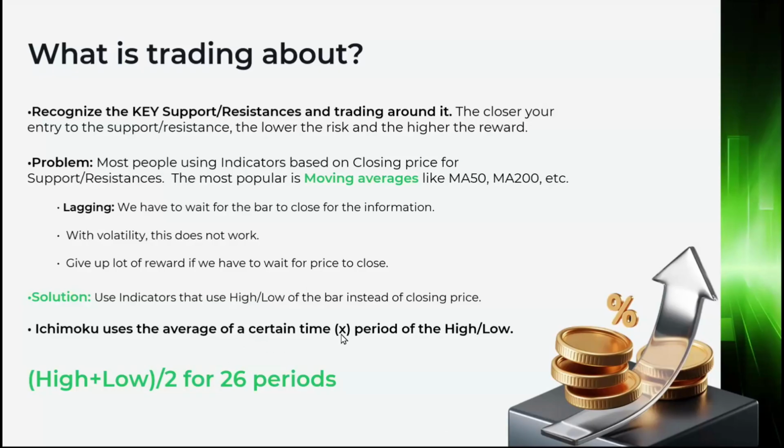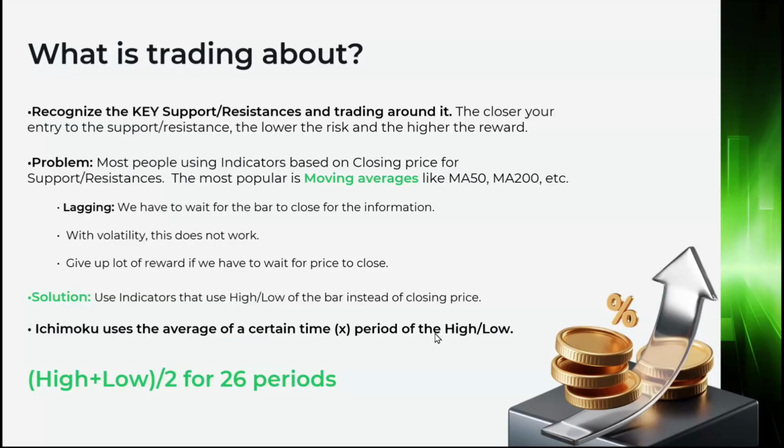Basically the formula is that you take the high for X number of bars, let's say 26 bars, for example, and then you take the low for 26 bars. That gives you the range for 26 bars. Then you take that range and divide by 2, take that midpoint, and that is the formula for Ichimoku.